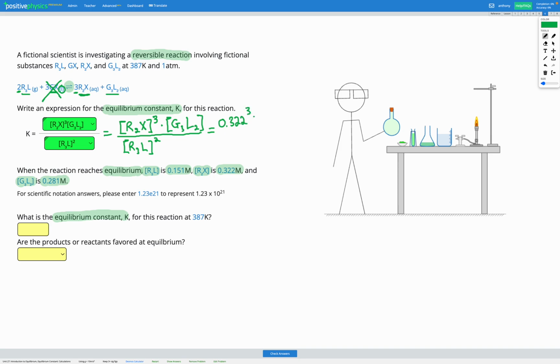Then we've got G3L2, which is 0.281 molar to the power of 1, divided by R3L, which is 0.151, and that's to the power of 2. So if we put that all into our calculator, we're going to get out a value for K of 0.412. And there is no unit required for the equilibrium constant. So let's go ahead and fill that in here. We had 0.412 for our equilibrium constant. I'm just going to make a note here to say no unit required.